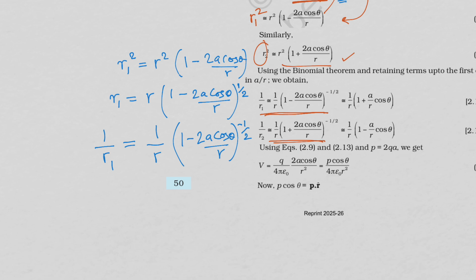And this is still too clumsy, so we have to make it in a better form. We have to simplify the term 1 minus 2a cos theta by r to the power minus 1 by 2. How can we do it? We can use the binomial theorem. If 1 minus x to the power n is there, then we write it as 1 minus nx.